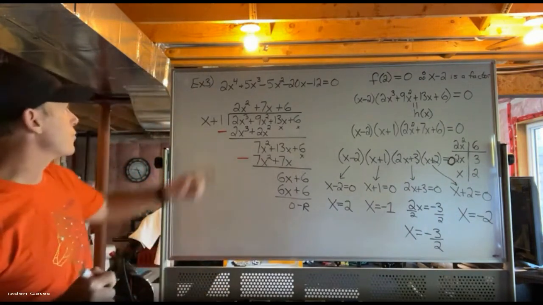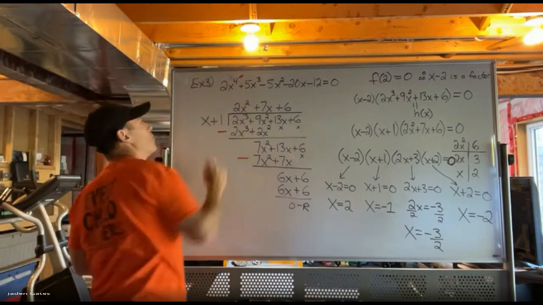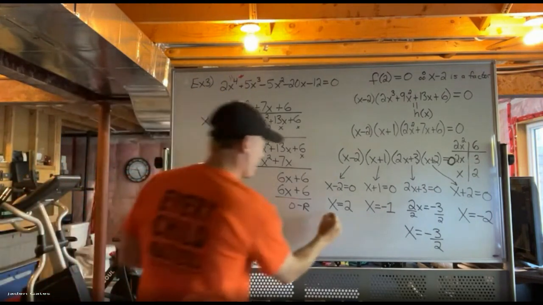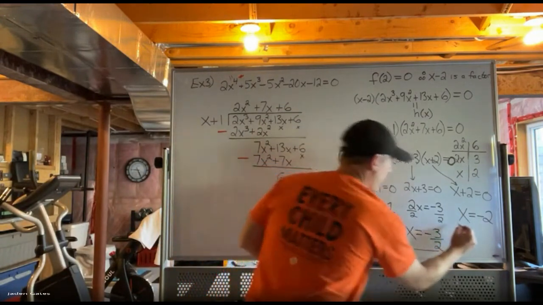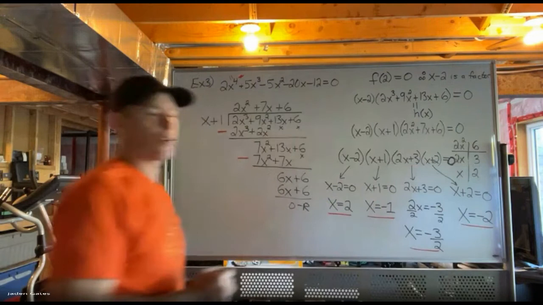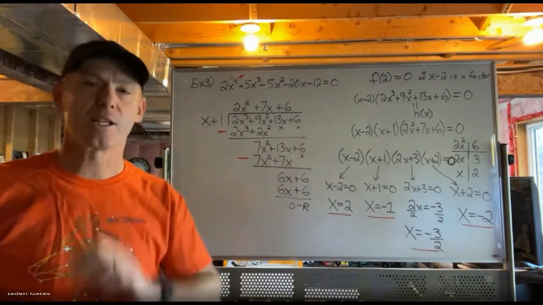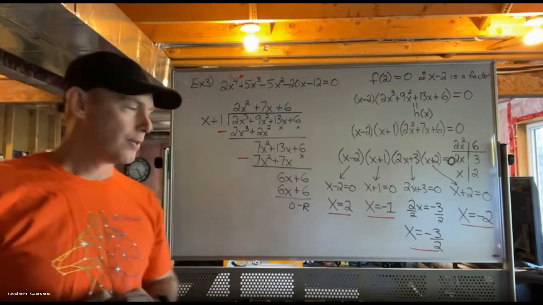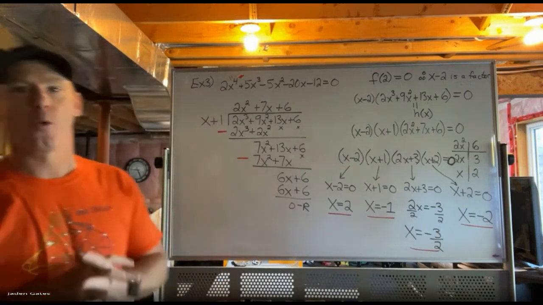We got our 4 answers because this time we dealt with a degree 4. And so we get 1, 2, 3, 4 answers. So again, the degree of your polynomial tells you the maximum number of answers you can get. There we go. That is solving polynomial equations.